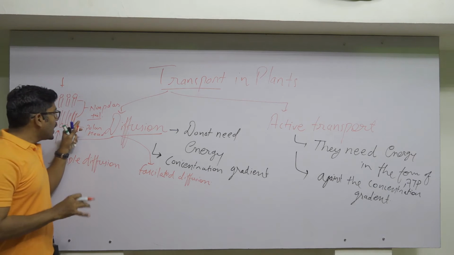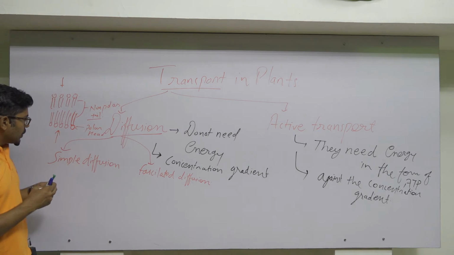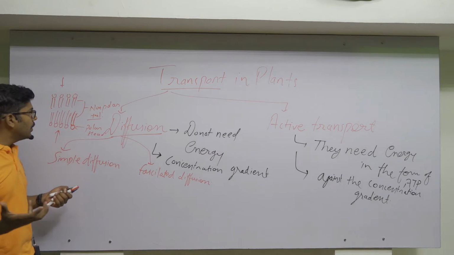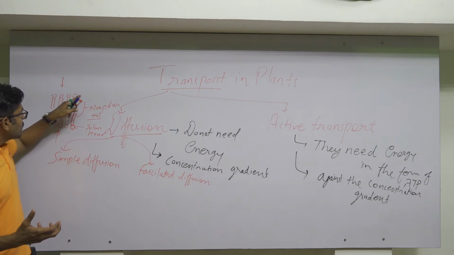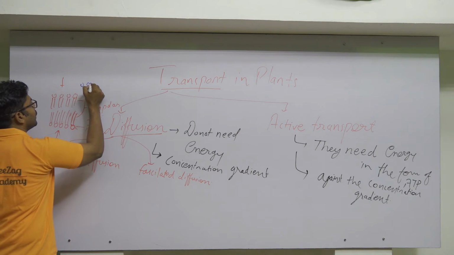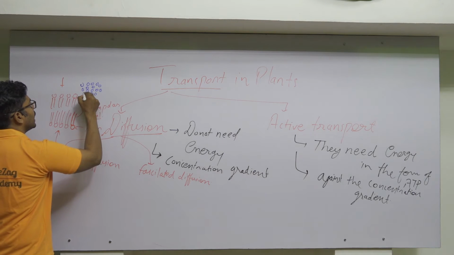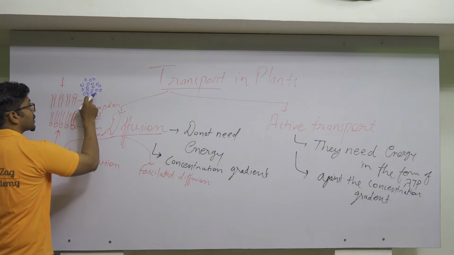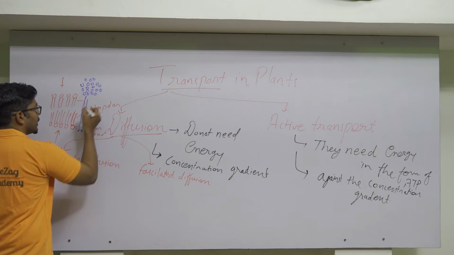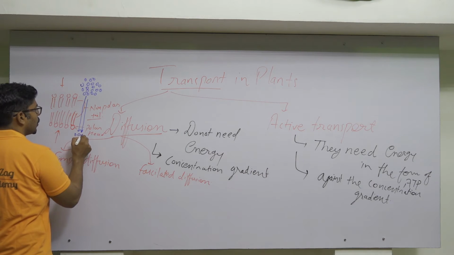So the non-polar molecules can easily transport through this membrane. This is simple diffusion, so they do not need energy, and they transport according to their concentration gradient. If non-polar molecules are present in high concentration here, they can transport easily from higher concentration to lower concentration.